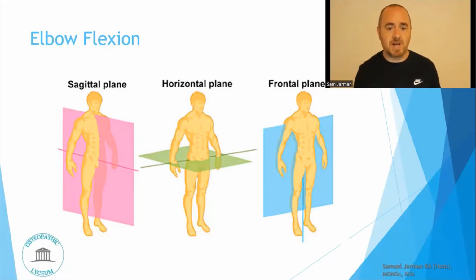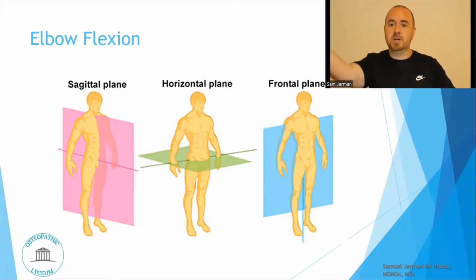But elbow flexion with respect to the anatomical position, the arms at the side with the palms up or in supinated position, is in the sagittal plane on a transverse or horizontal axis, and that is primarily the interaction between the humerus and the ulna. Now, that said, elbow flexion can happen wherever the arm is, but generally speaking, with a stable point of reference being the anatomical position, elbow flexion is in the sagittal plane on a transverse axis.